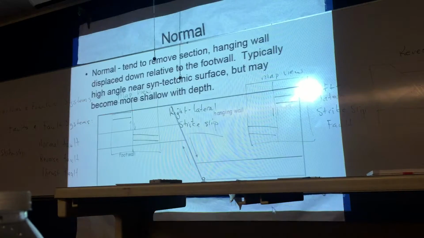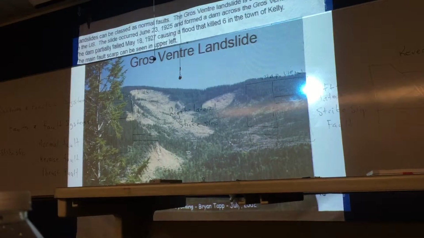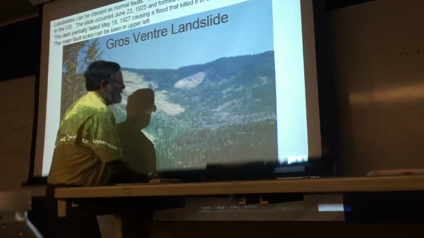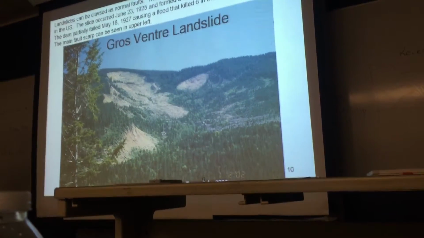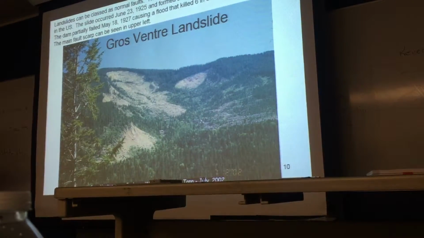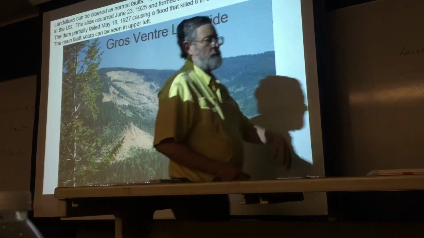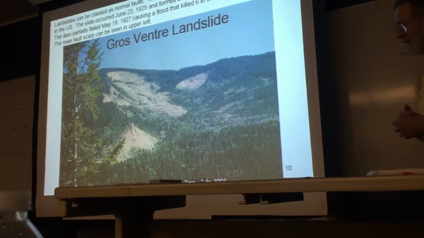Okay, so for a normal fault, we say the hanging wall moves down. When we look at normal fault systems, this will include things like landslides. A landslide is a type of normal fault system. What we're looking at here is the Gros Ventre slide, which I believe developed in 1925.